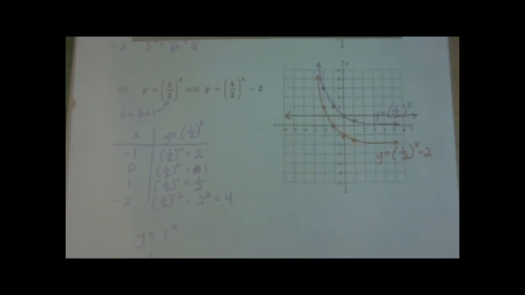If x is 1, I've got 1 to the 1 power, which is 1. And if x is 2, I've got 1 to the 2 power, which is 1. And so what you will notice is that every point, the y value is 1. So it actually is going to look like this. It's just a straight line at y equals 1.